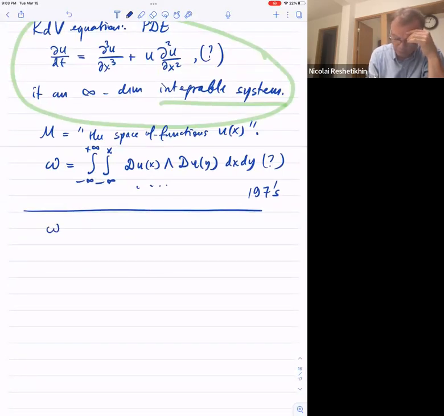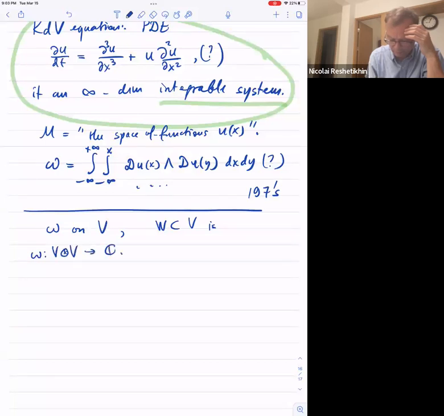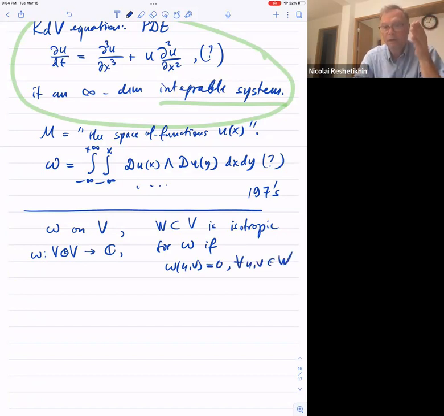If you have a form omega on some vector space V, let's say W in V, where omega is a map from V tensor V to, say, C, or to any field, it doesn't matter, then W is isotropic for omega if omega(u, v) is 0 for any u, v in W. If you restrict omega to W, it's identically 0.